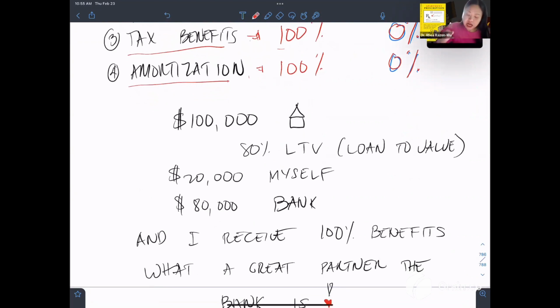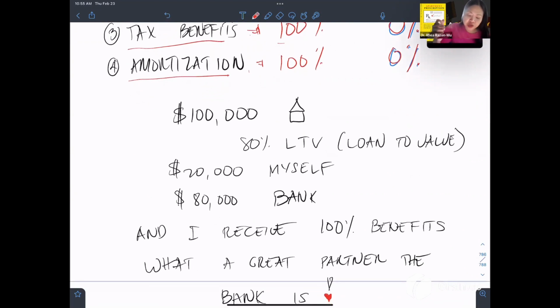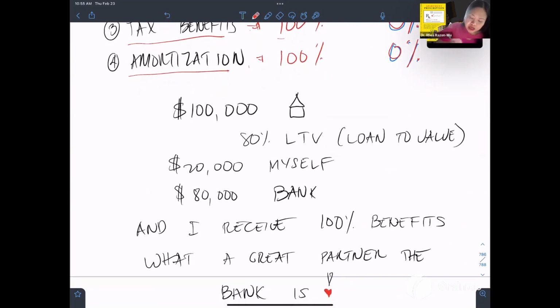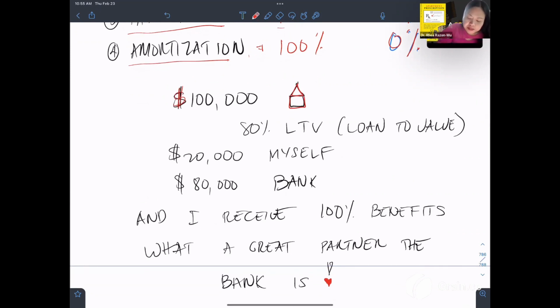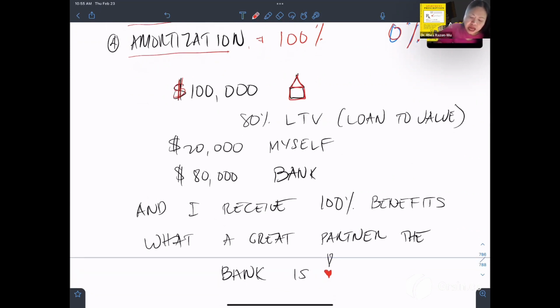Now, I believe I explained this earlier. So going back to emphasize, this is a property, let's say, for example, 100,000. That property costs 100,000. Now you want a loan to value, or you want the leverage of 80%.